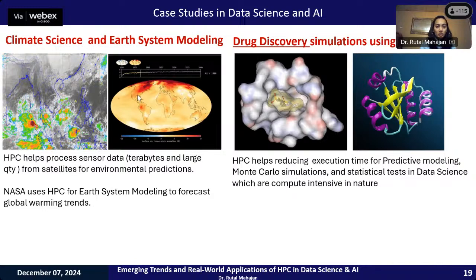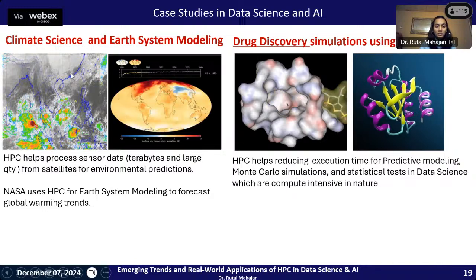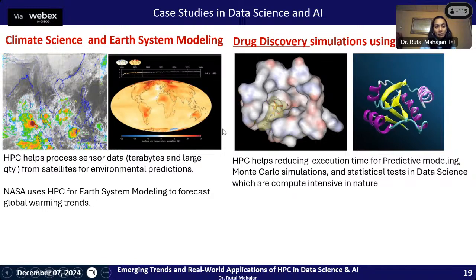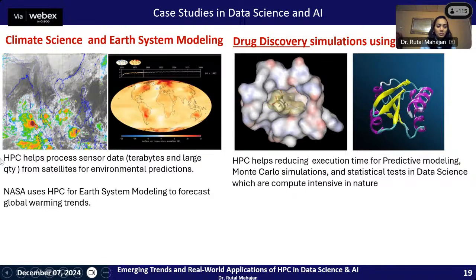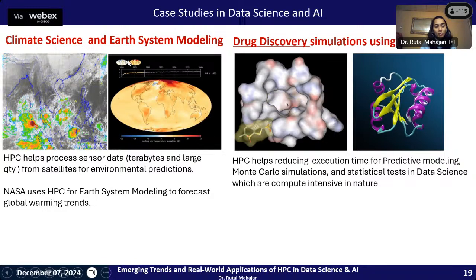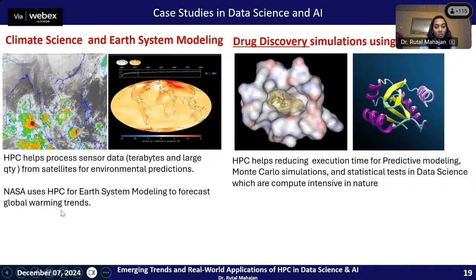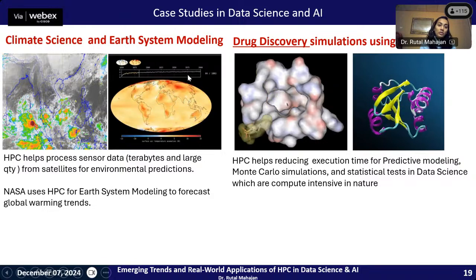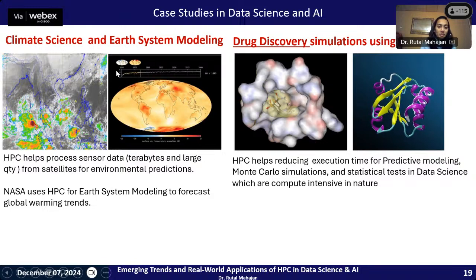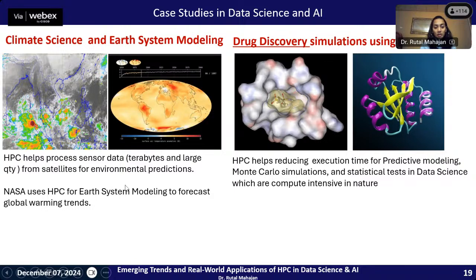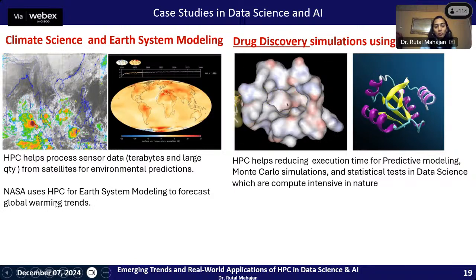Also, we can see this Earth system modeling example, where NASA uses HPC to forecast global warming trends based on past history. They have forecasted the global warming trends.